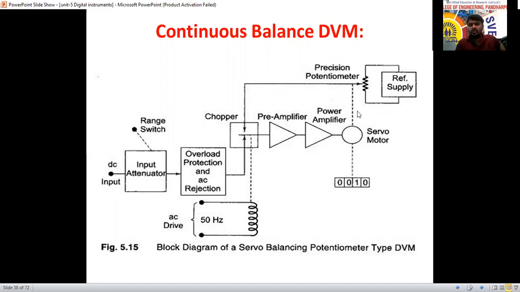If there is no difference at all, the reference voltage is the same as the input. So the input voltage is proportional to the reference voltage. For that reason, we call this the continuous balance digital voltmeter.